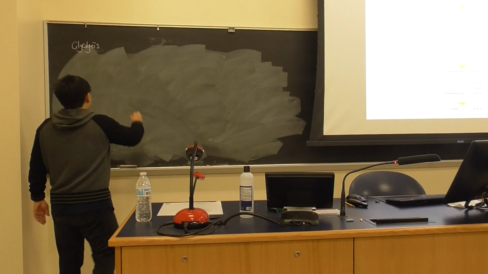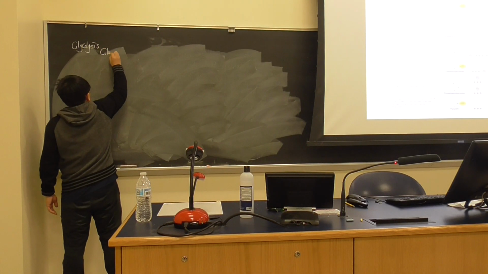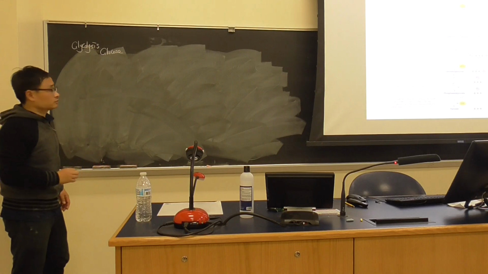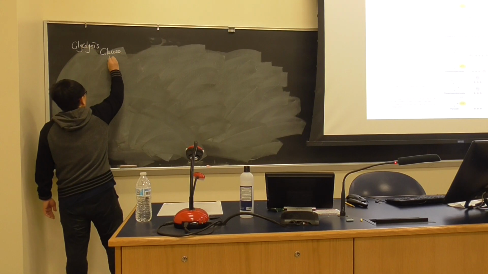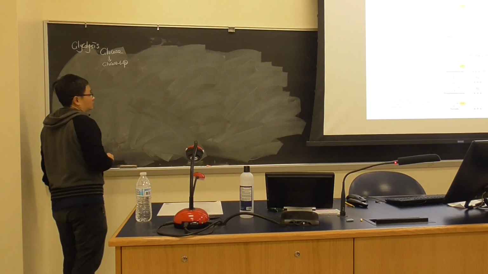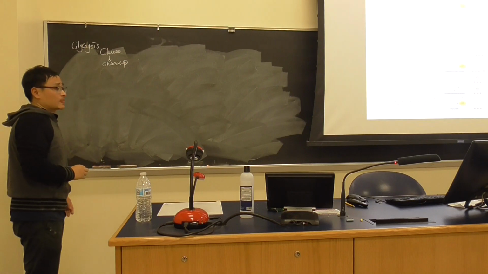So what it is, this is the glucose. So that's a sugar. It's a basic unit of the sugar. Will become glucose 6-phosphate, which means you add a phosphate there.